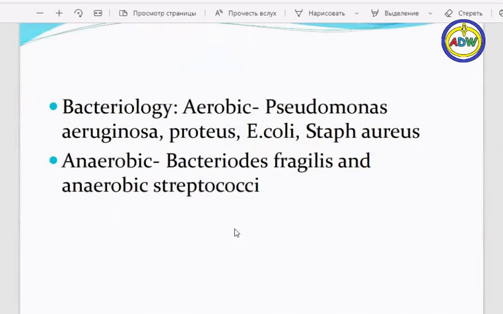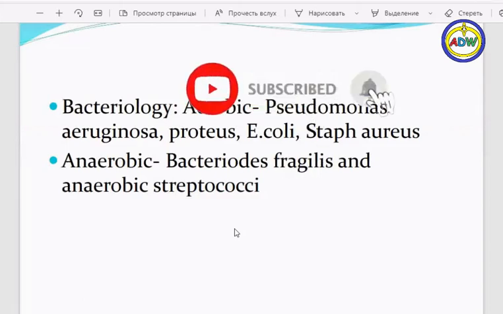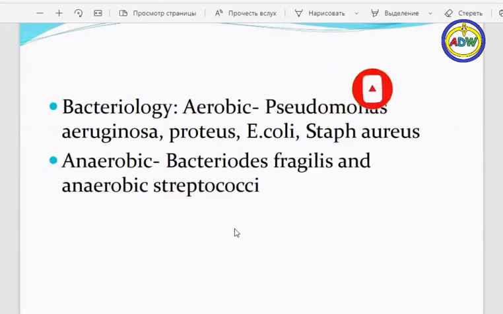Bacteriology. Aerobic: Pseudomonas aeruginosa, Proteus, E. coli, Staphylococcus aureus. Anaerobic: Bacteroides fragilis and anaerobic Streptococcus. Also, in acute otitis media the pus is without smell, because it is mucopurulent.